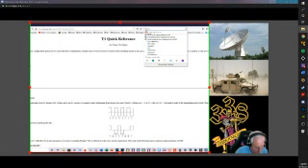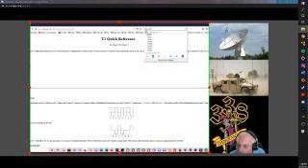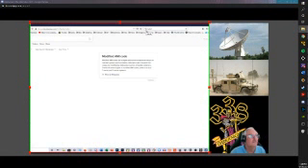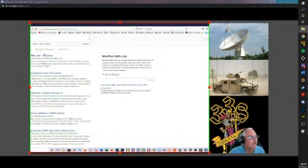HDB3, HD. I got that written. Modified code. Yep. 3rd zero. If it sees 3 zeros in a row, the 4th one will be the bit violation.